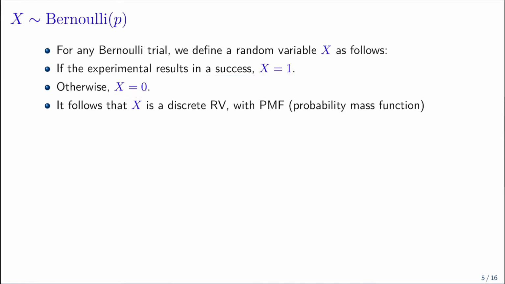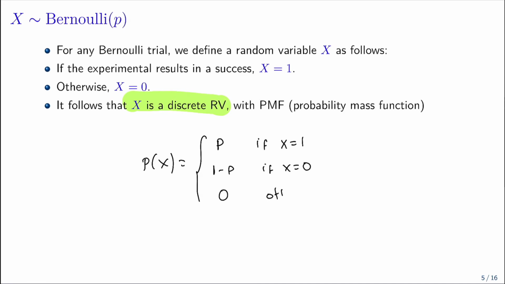As only two values are possible, X is a discrete random variable, and the probability mass function can be written in the following way. P of x is equal to p if x is equal to 1, 1 minus p if x is equal to 0, and 0 otherwise.